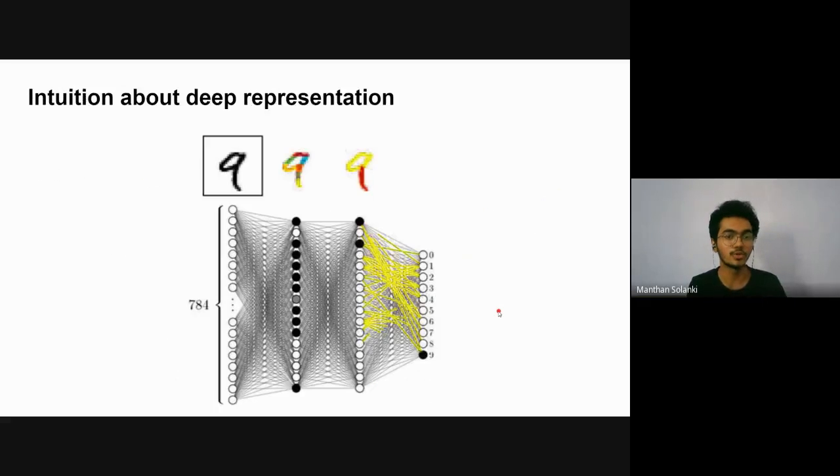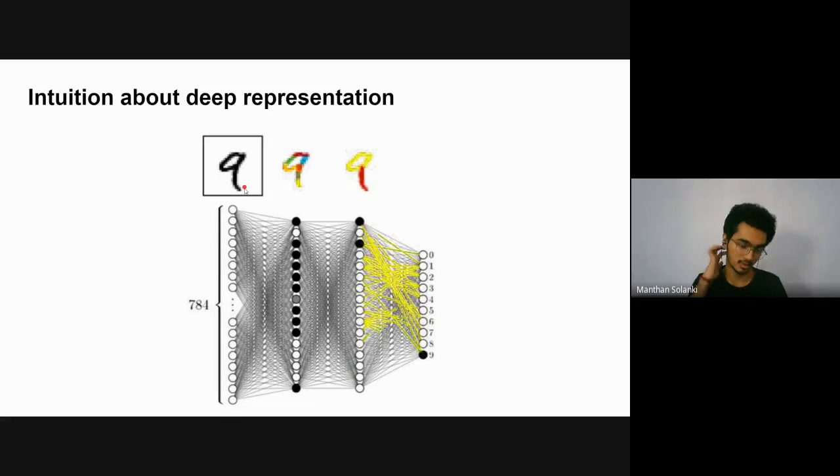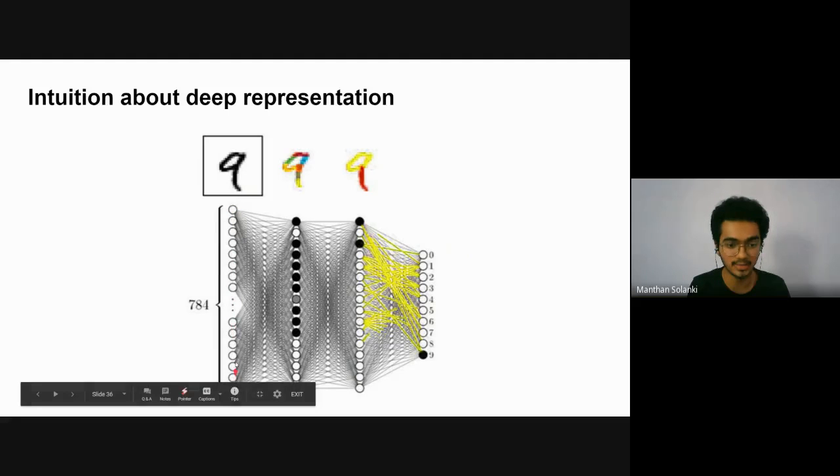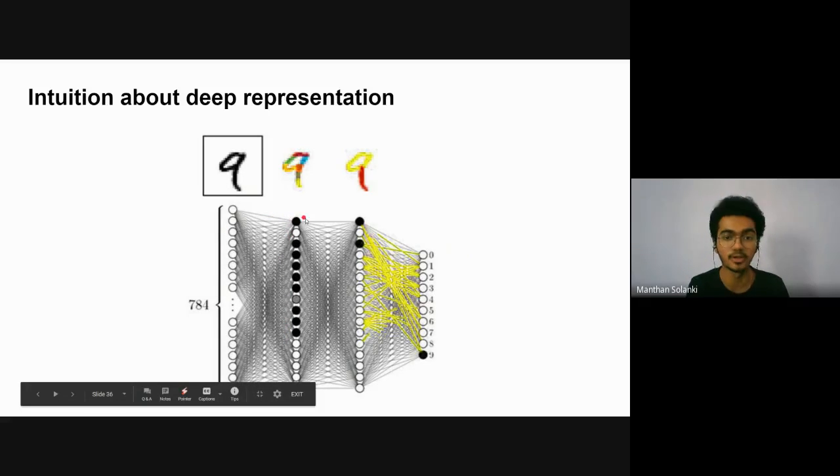Now, more intuition about the deep representation. What is happening inside the hidden layer? First of all, I have an image of 9, a 28 by 28 dimension image. I flatten this image, so the input is 28 times 28, which is 784. In the next layer, I have some other number of neurons, like 256.